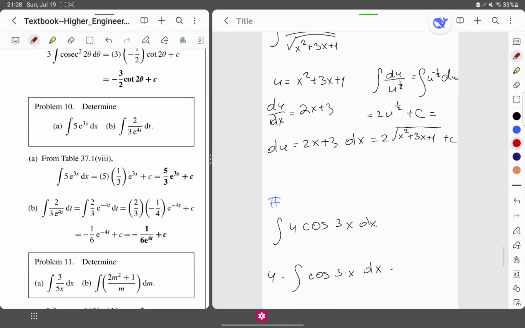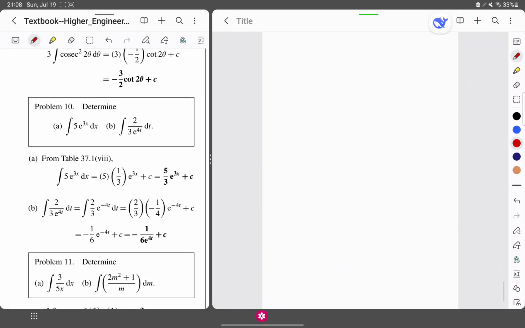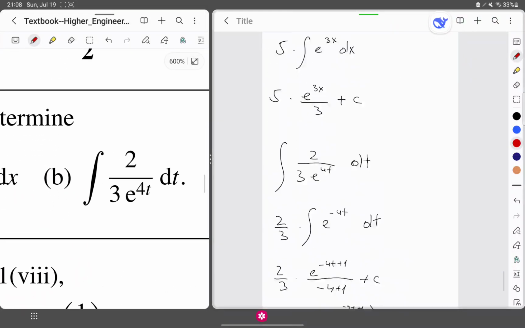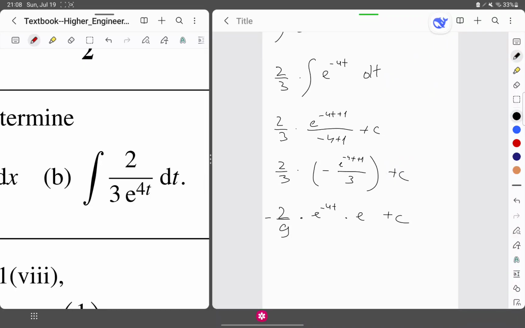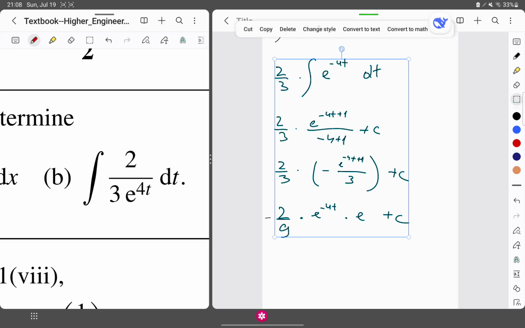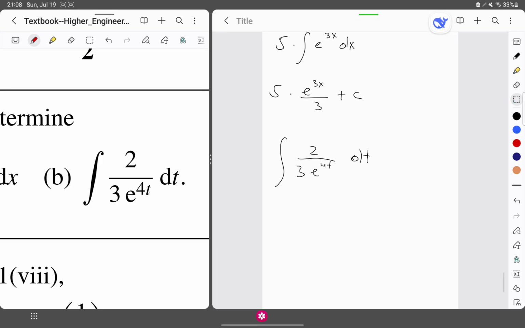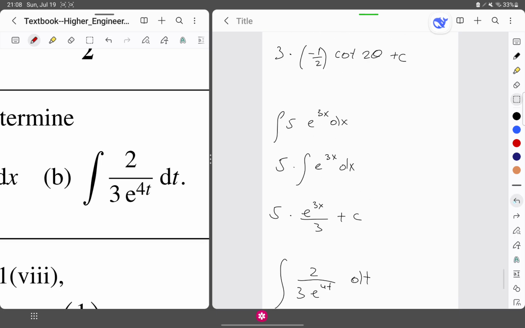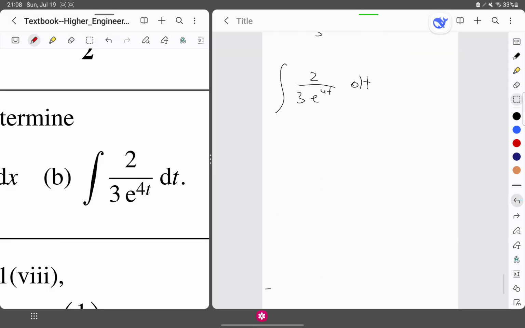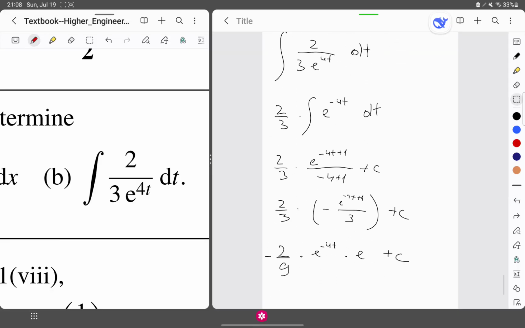Okay, let's try to do this one. Just zoom in, and I'm just going to try to do this by myself again. Wait a second. Just delete. Okay, where is my original? No, oh, sorry.